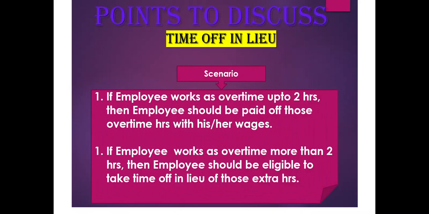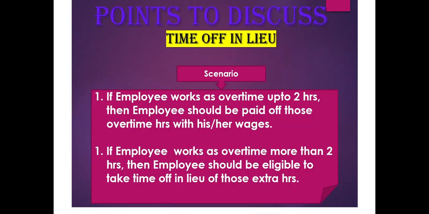If an employee works overtime up to 2 hours, then the employee should be paid for those overtime hours with his or her wages. 2 hours is the limitation. If the employee works 2 hours of overtime, those 2 hours will be paid based on the base overtime wages.